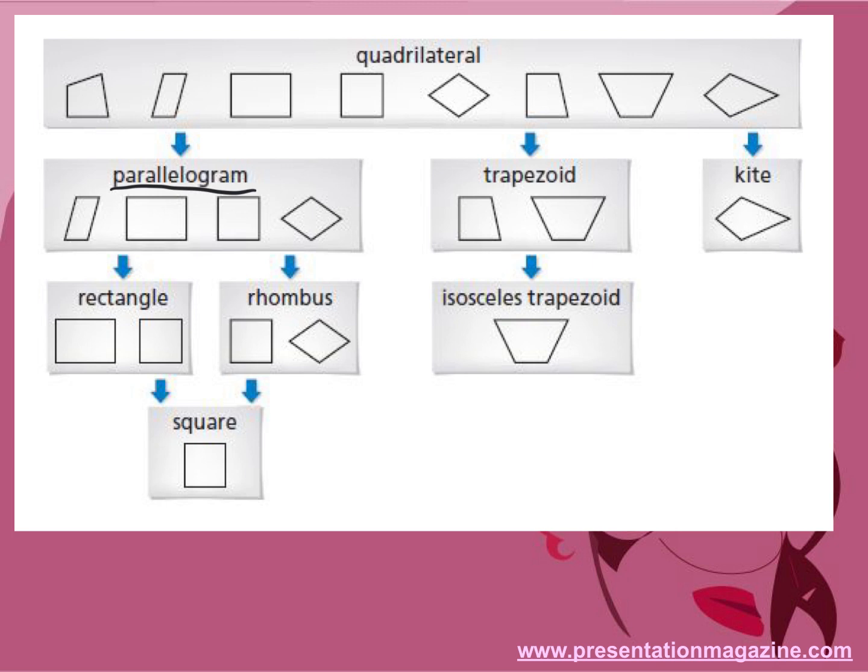And then we talked about even more specific parallelograms, rectangles and rhombuses. And then the most elite of all of them was the square, because all the angles are congruent and all the sides are congruent.